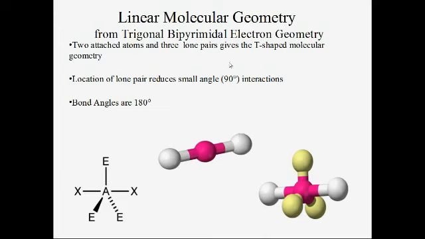This linear molecular geometry comes from the trigonal bipyramidal electron geometry. And the bond angle will be 180 degrees. It's not going to be less than that because these 3 lone pairs are forming a balanced collar around the central atom.